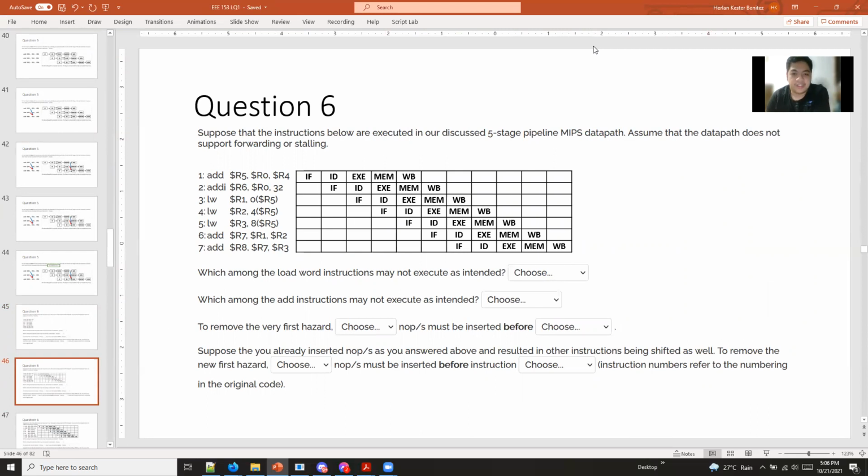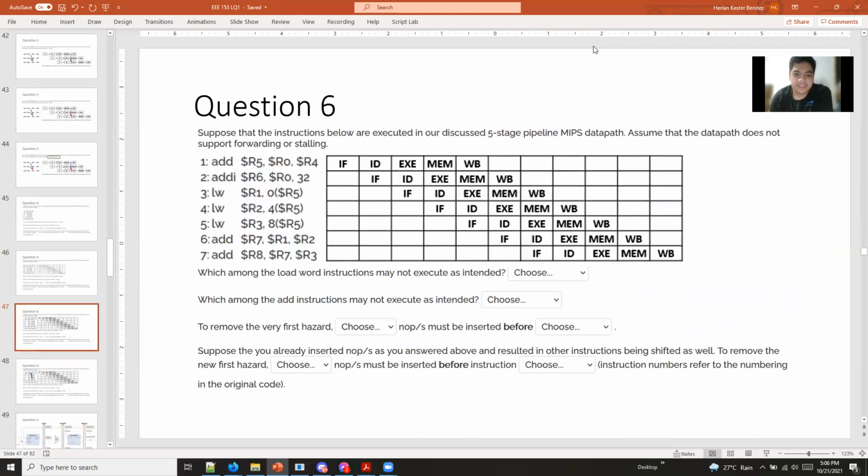So, let's enlarge this through the magic of editing. For each instruction we have IFID, EXE, MEM, and WB. So which among the load word instructions may not execute as intended? Looking at the load word instructions, all of them need the value of R5.